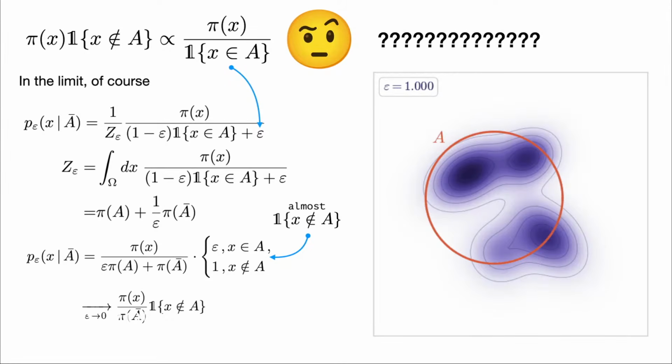So you can see that this definition of P epsilon of x given not A is indeed the indicator of x not in A multiplied by pi of x.